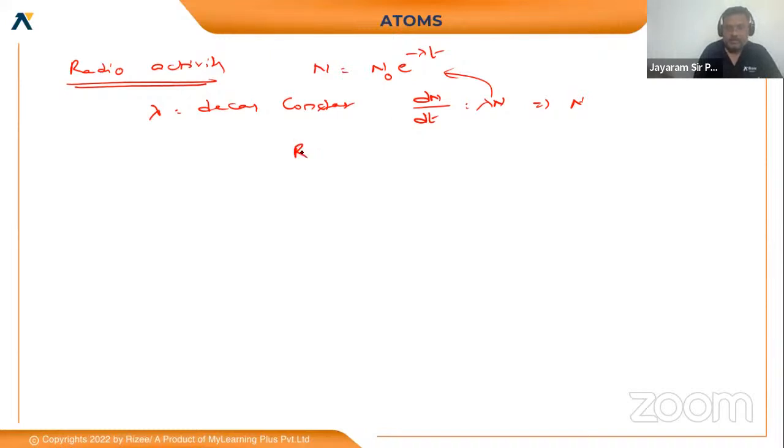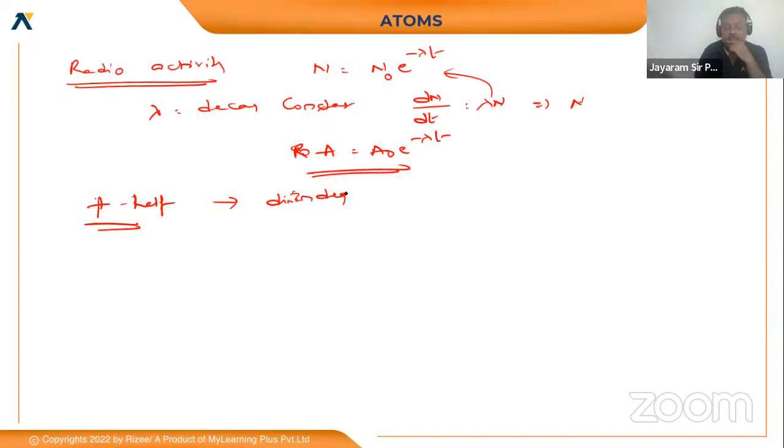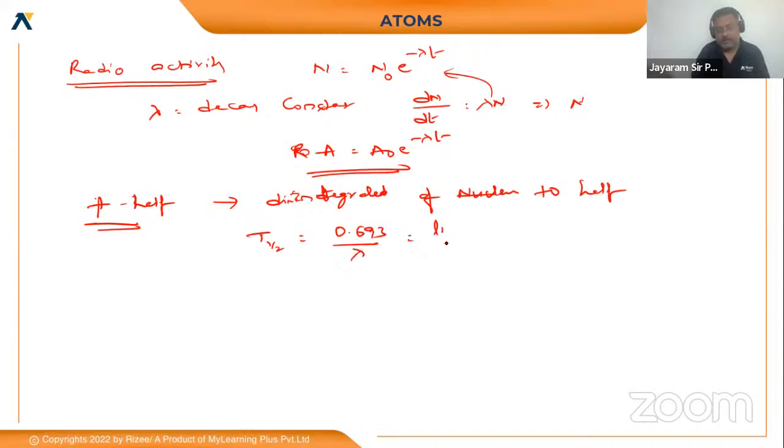From this, the radioactivity, that is the activity A is equal to A naught into e to the power of minus lambda t. And T half, please. So what happens at T half? The disintegrated material becomes half, the nuclei disintegrated to half. That is, the mass is reduced to half, and the T half formula is equal to 0.693 by lambda, which is equal to ln of 2 by lambda.